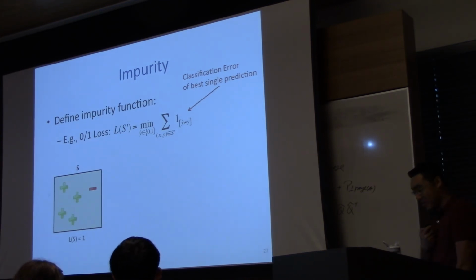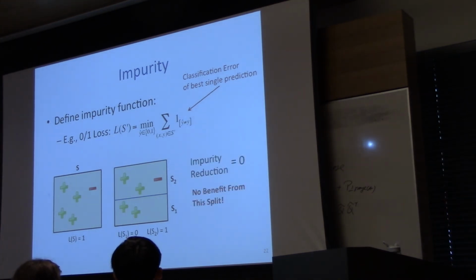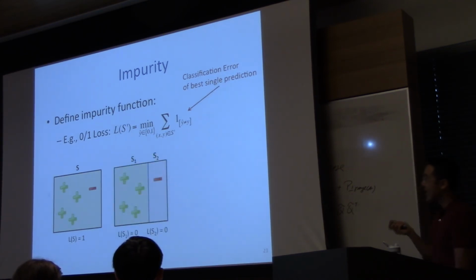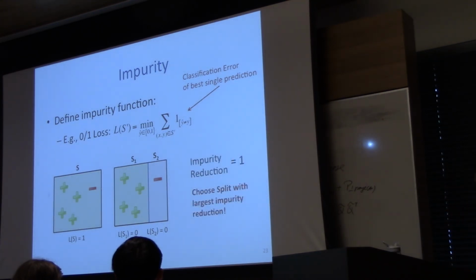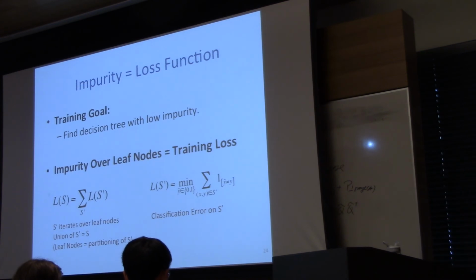Right, so let's try another one. Benefit. And of course, in this particular case, a single split can lead to a reduction in 0-1 loss, and so we get a benefit. So this is the training goal of decision tree training: to find a decision tree with low impurity.